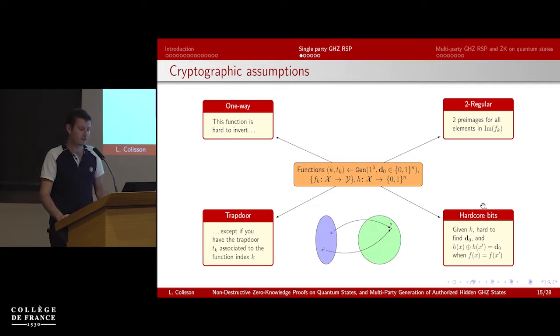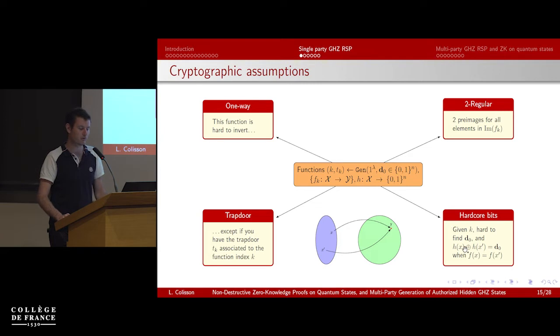And finally, this part is new: we also want a hardcore bits property. Given the index k, it must be hard to find this string d0. d0 is an input to the generation algorithm, and given the k, it must be hard to find this d0. What property do we have on this d0?